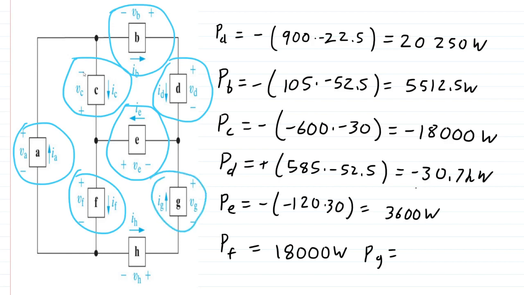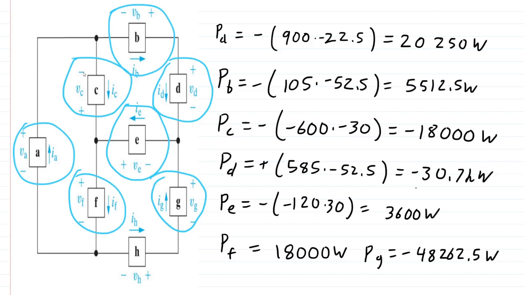So we're going to do 585 times 82.5 times negative 1. It'll be negative 48,262.5 watts.